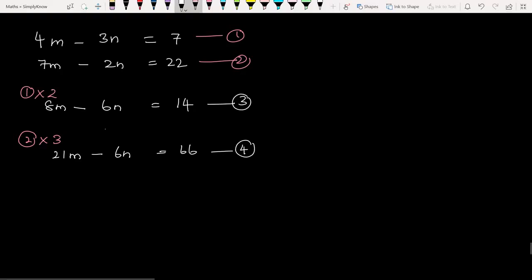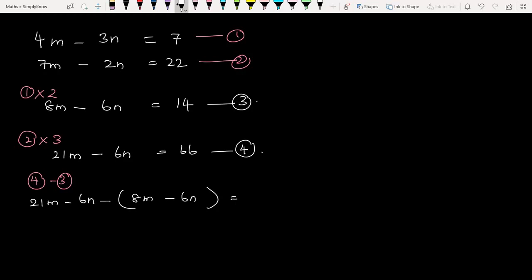Now again look, the signs of the coefficients of n are the same. This means we need to deduct. So I'm going to deduct the third equation from the fourth. 4 minus 3. 21m minus 6n minus, within the brackets, 8m minus 6n equals 66 minus 14.